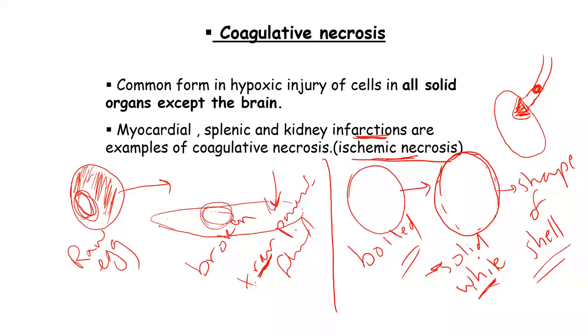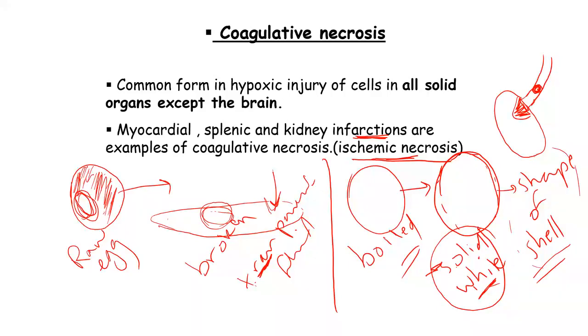So from the liquid state it becomes solid, and from the transparent appearance to a white appearance. It was inside the shell, so it takes the shape of the shell. If I just remove the shell, it will still be ovoid like the previous shell.